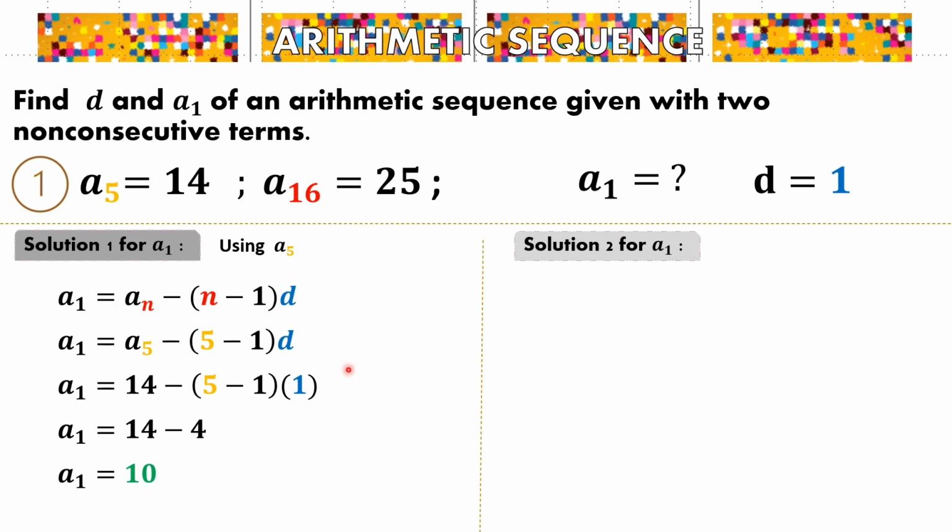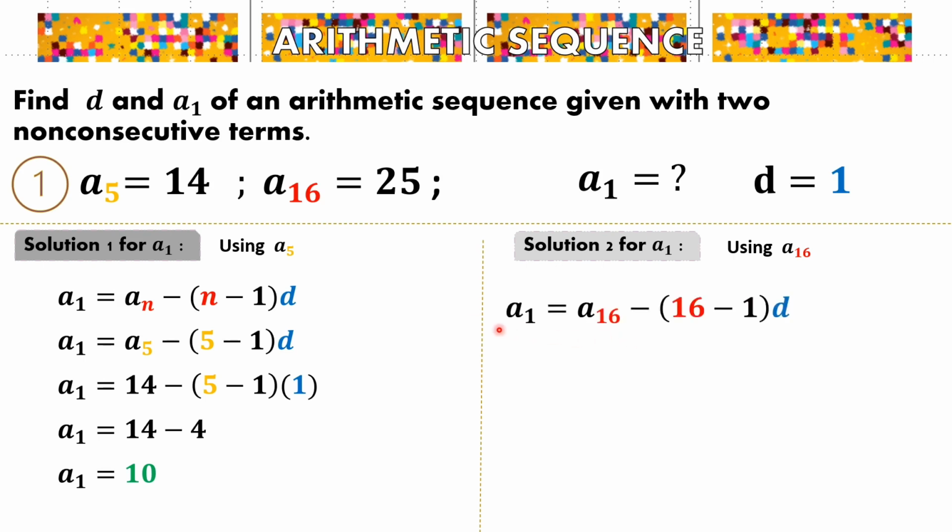Okay, let's use another method by using the other given, which is a sub 16. Again, we'll be using the nth term of an arithmetic sequence and the derived formula in finding a sub 1.